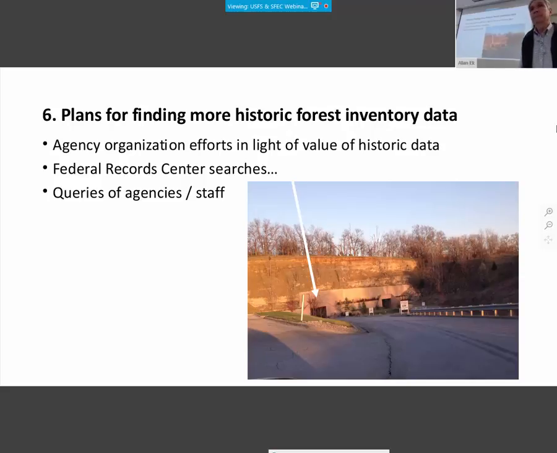The hard part with FIA data is that we're putting an age on every stand, and it's based on the biggest trees in the stand and what their age is. There are a lot of mixed-age stands, where obviously not every tree in the stand is that age.